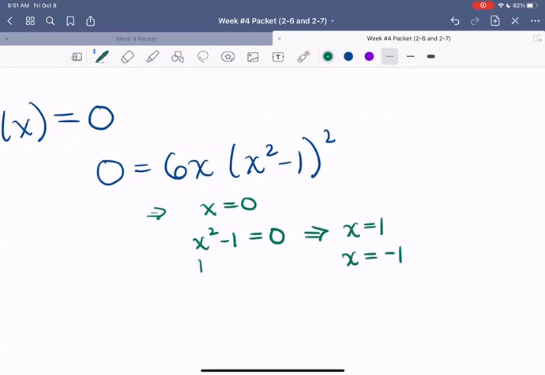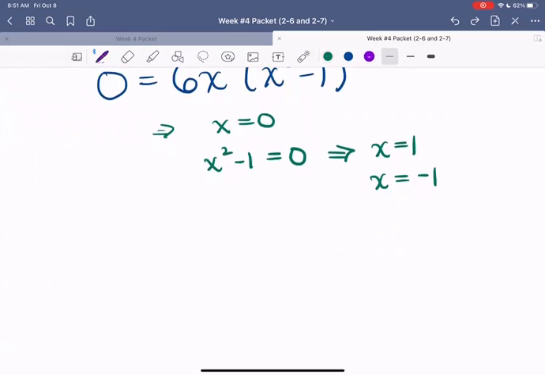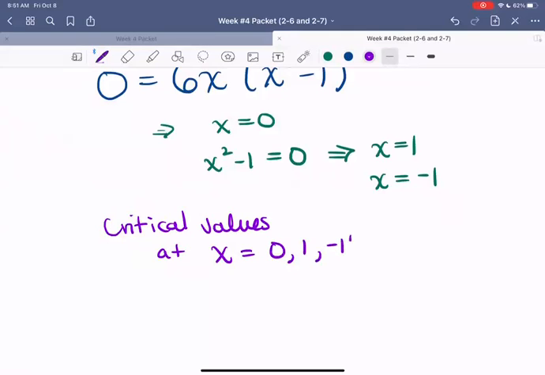Because if we plugged a negative 1 into x here and squared it, we get a positive 1. Subtracting 1 would make it 0. So to summarize then, what are our critical values? So our critical values are at x equals 0, 1, or negative 1.